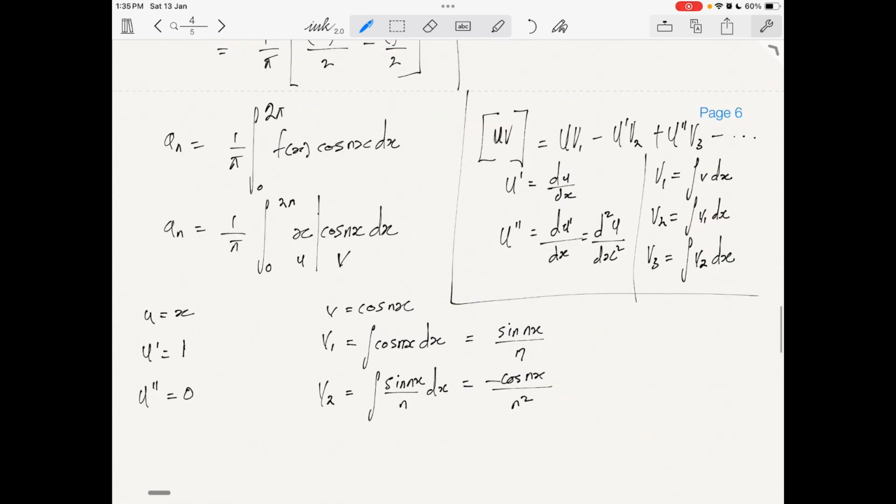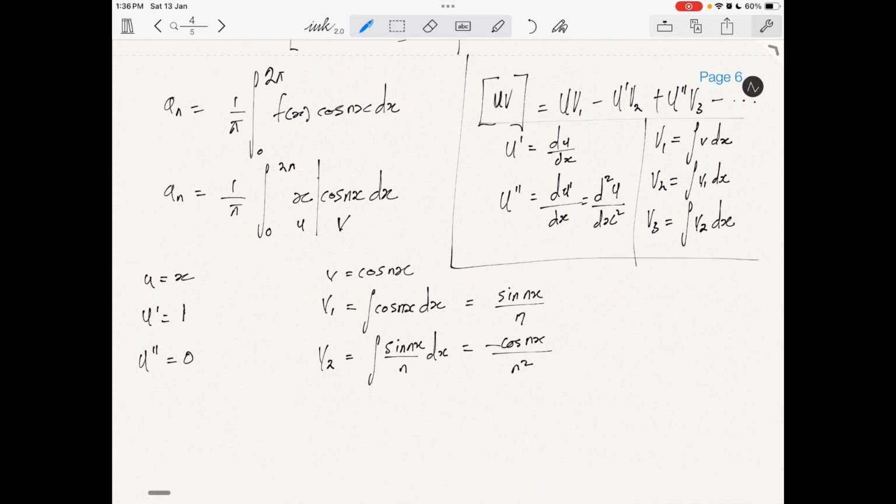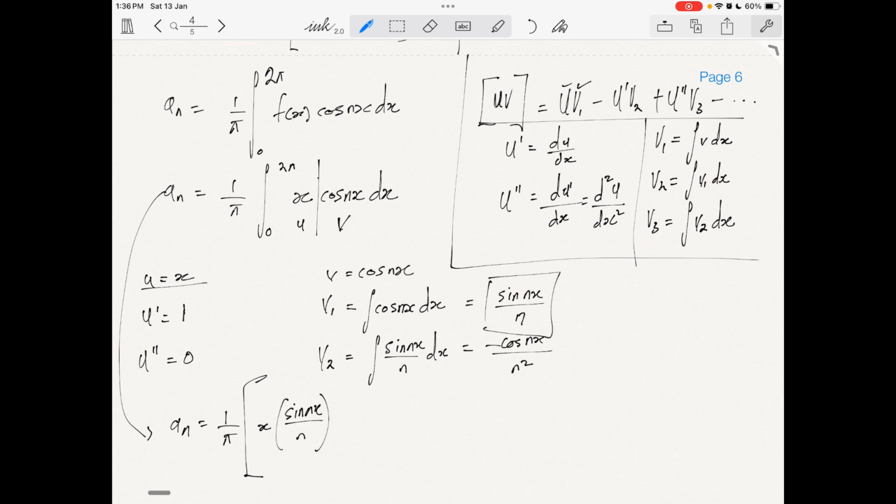Now we apply the formula we have, and we can say that an is equal to 1 over pi. We start with u, which is x, followed by v1, which is sin nx over n, minus u prime, which is 1, then v2, which is minus cos nx over n squared.